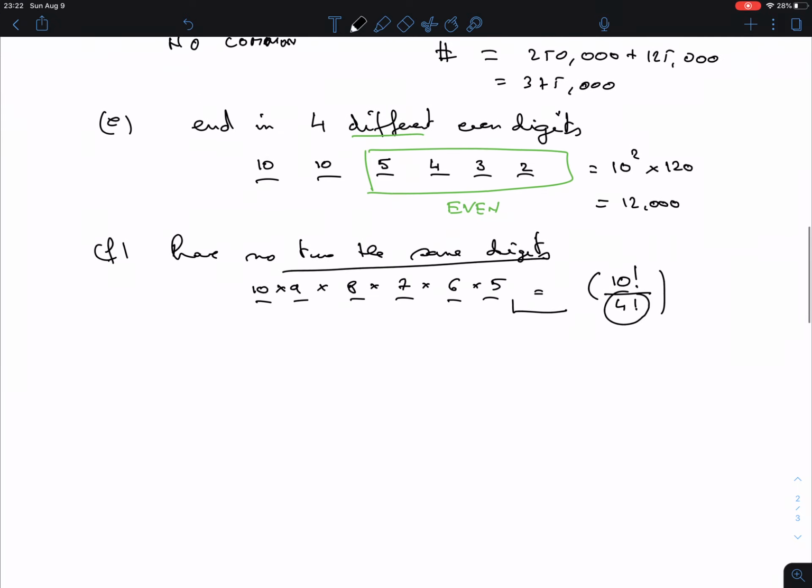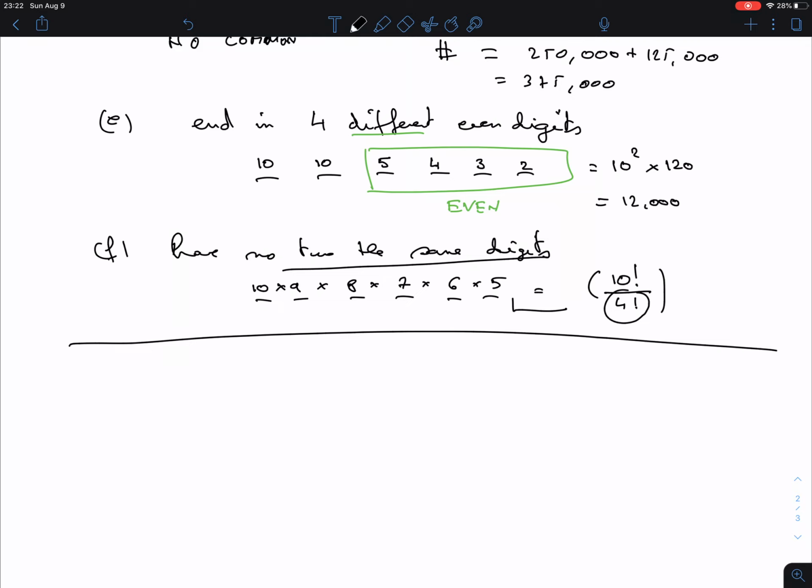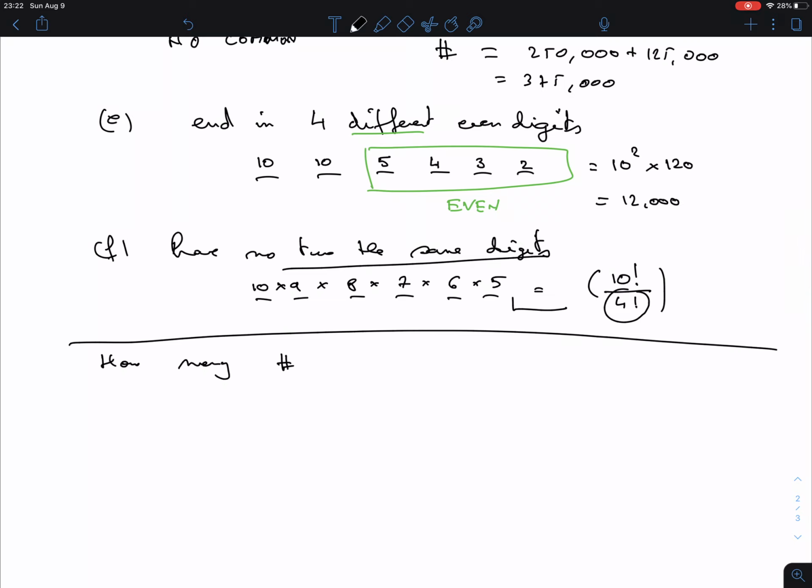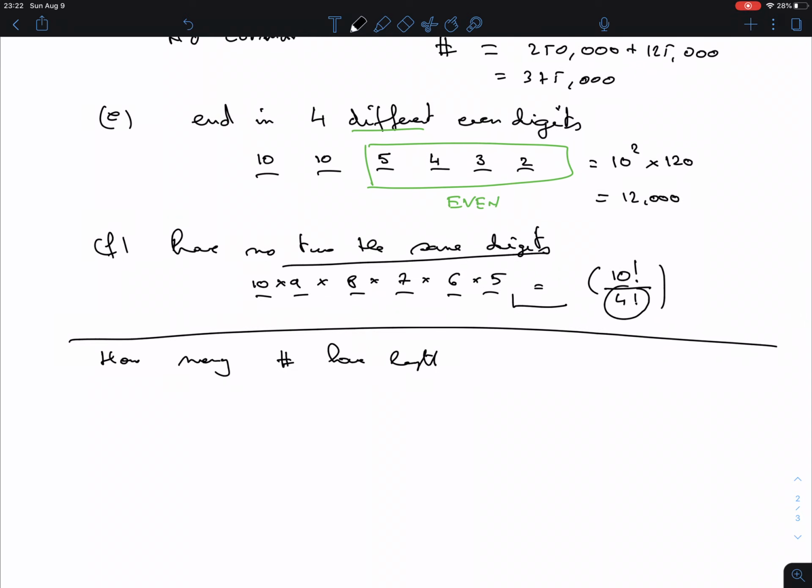Okay, and so let's do the same question, but I said these were all about 6-digit numbers. Let's say, how many numbers have length 3 or 5?